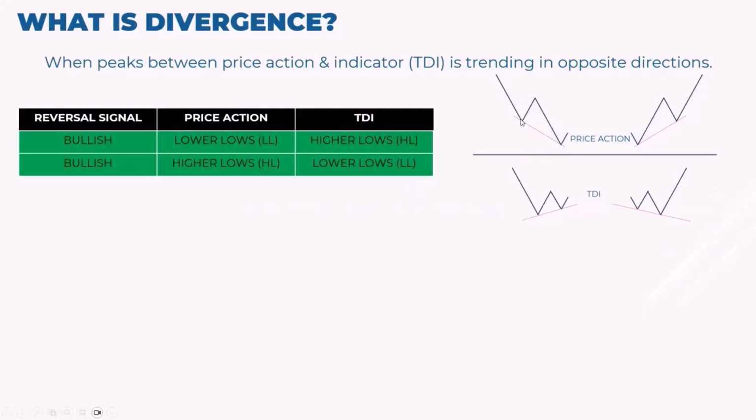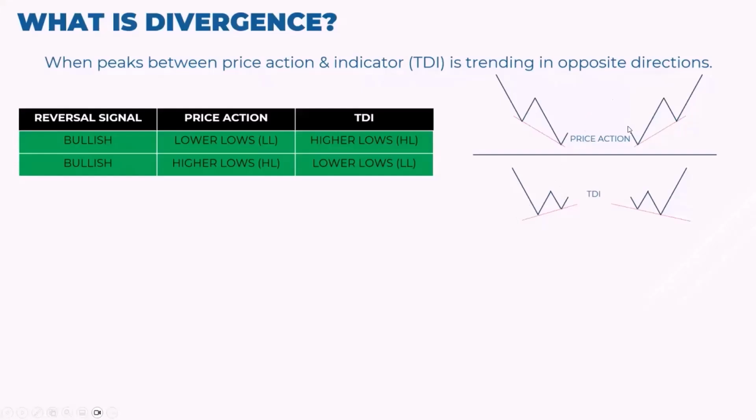So when you put a trend on the bottom, because the price is coming down, we're looking at the lows. The low is going down, but the TDI shows it's going up, and it's a signal that a reversal is going to happen.